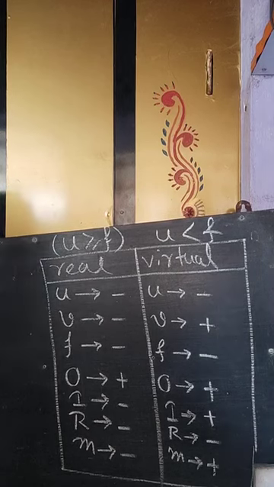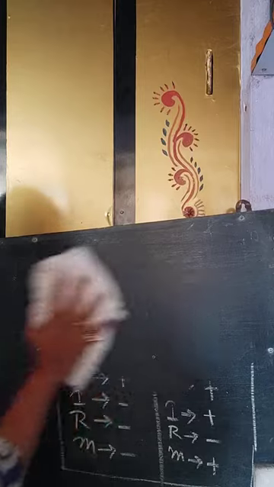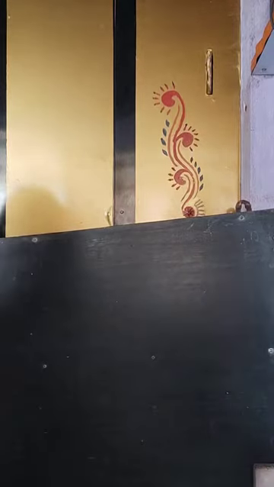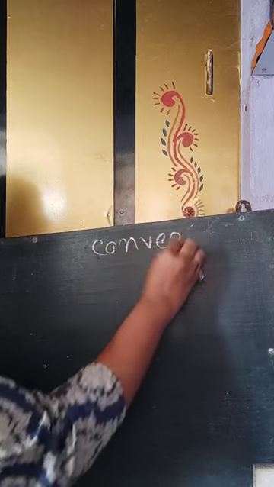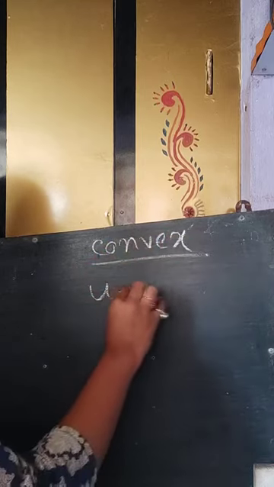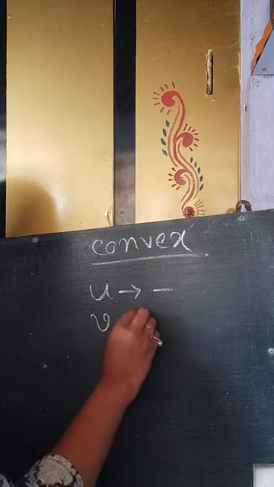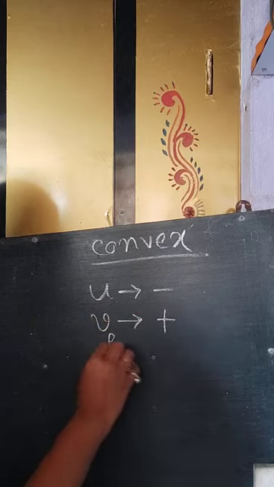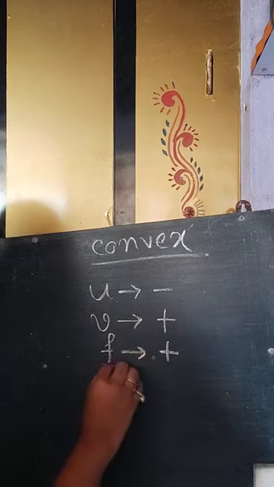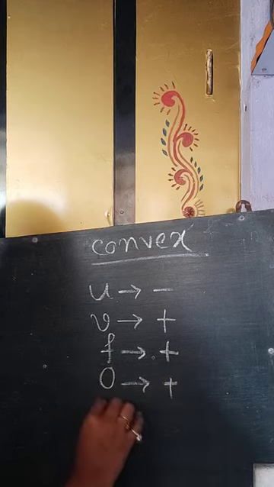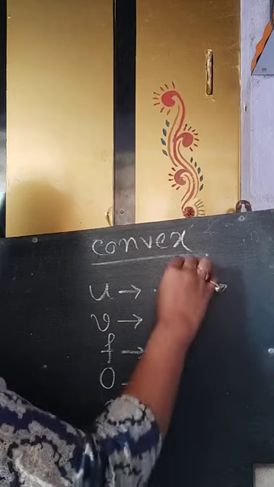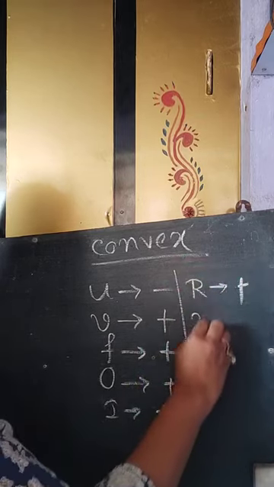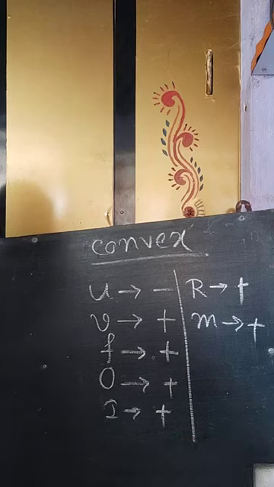Next I am coming to the convex mirror. For the convex mirror, u is negative, v is always positive, f is always positive, object height is always positive, image height is positive, radius of curvature is positive, and magnification is also positive.